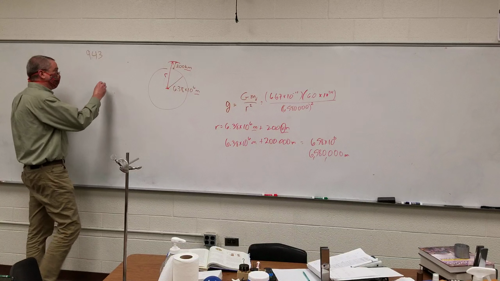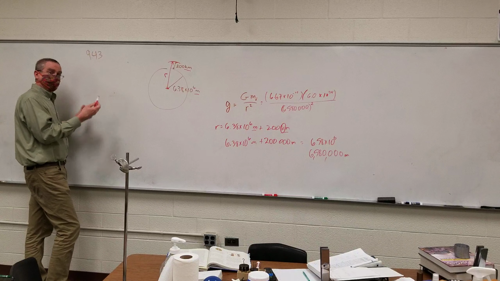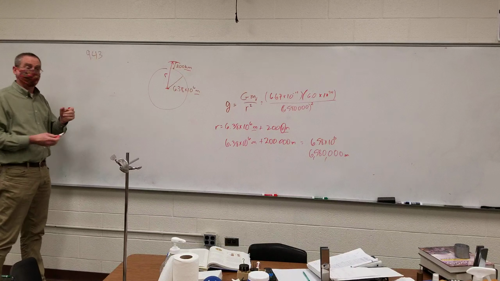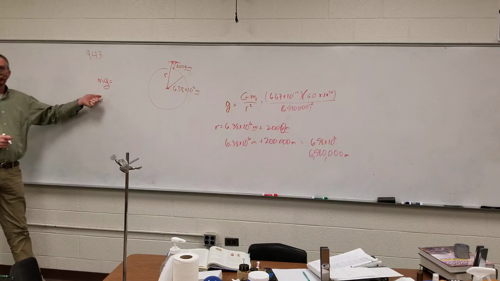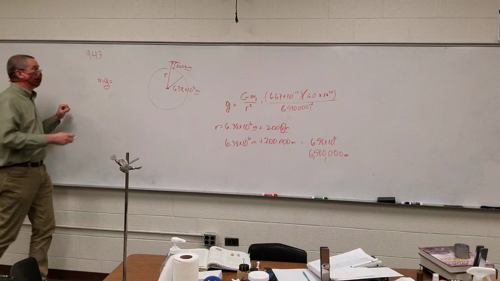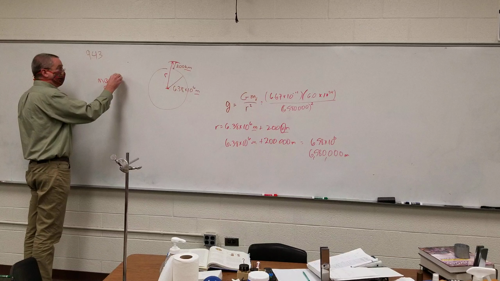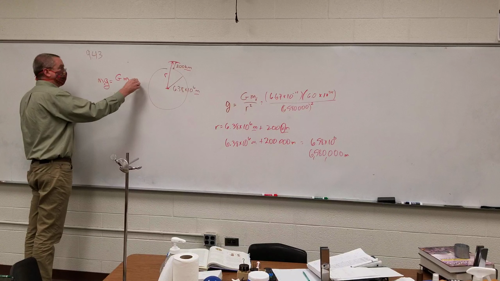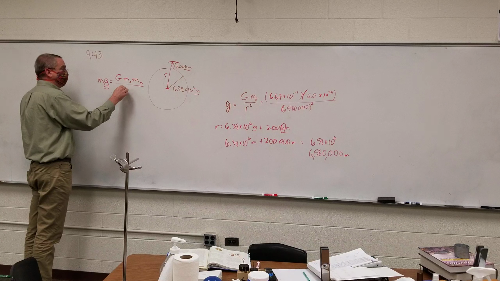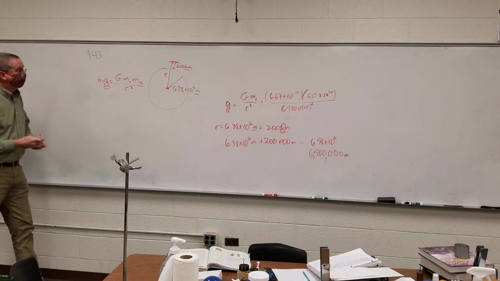Because ultimately, I have two formulas for force due to gravity. I have mg, which is really convenient if I know the value of little g. Also, I have the more formal equation: big G, mass of the object, mass of the planet, over the center-to-center distance squared.